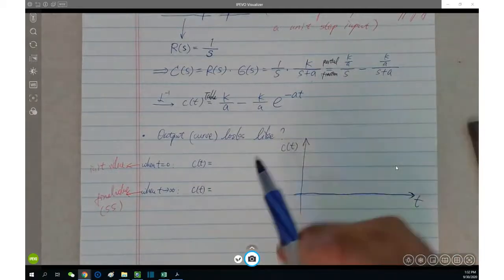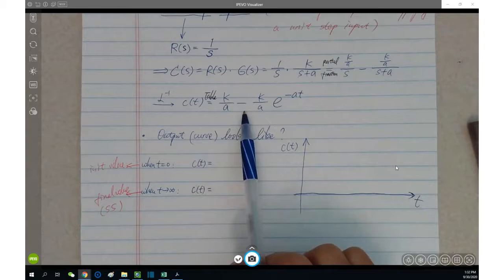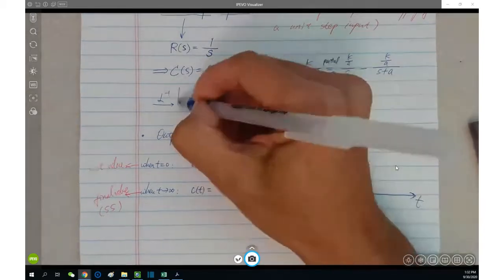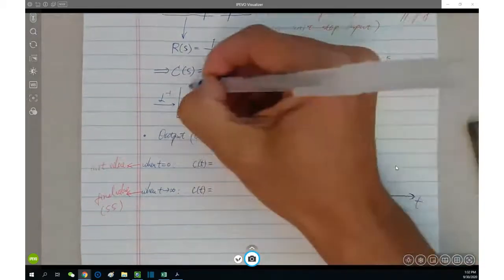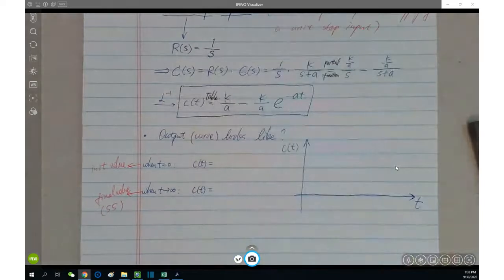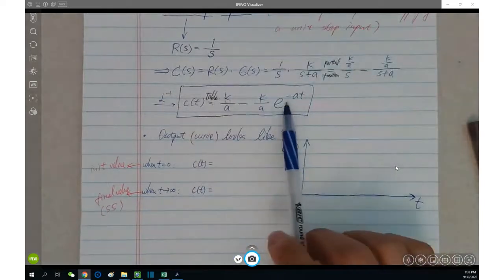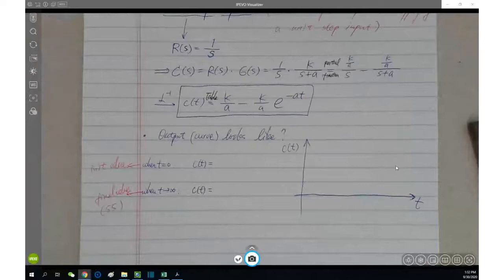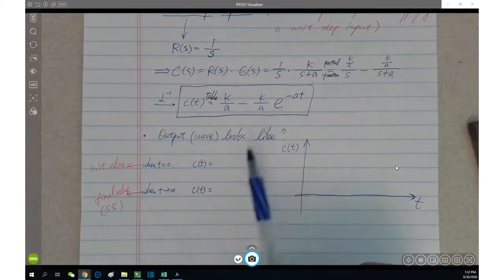If this is clear, then go back to this result to figure out the initial value. How to find the initial value? Of course, just substitute t equals 0.